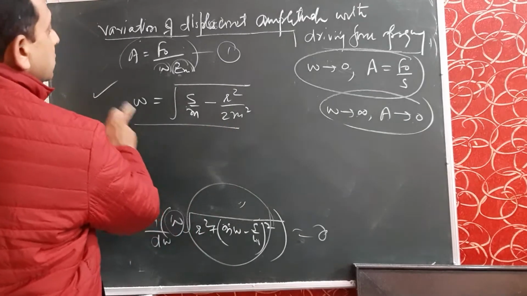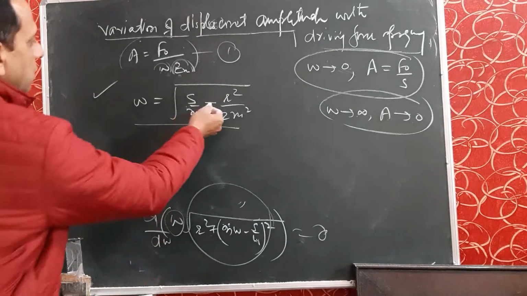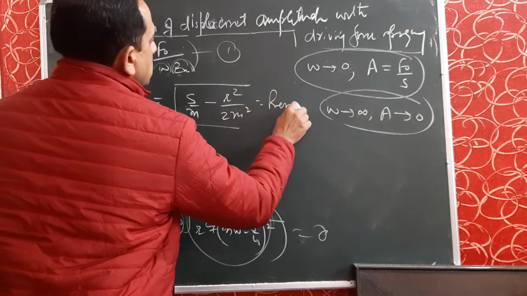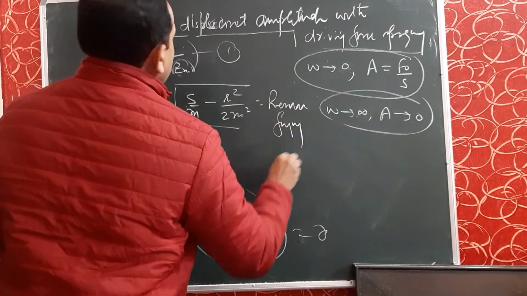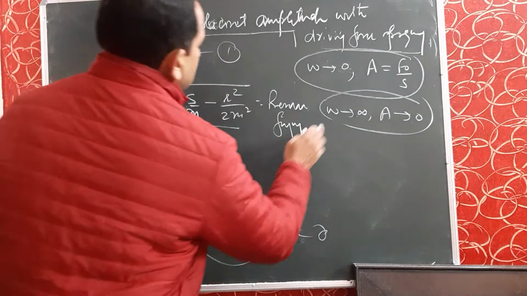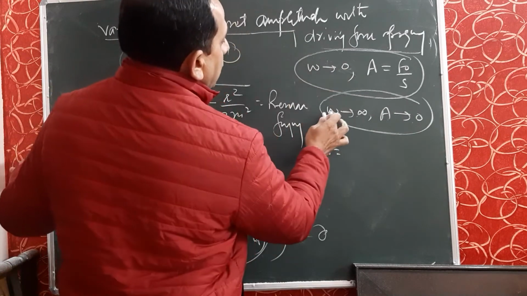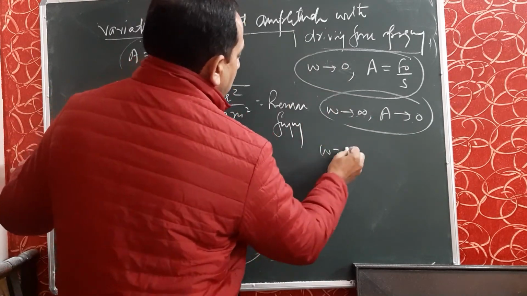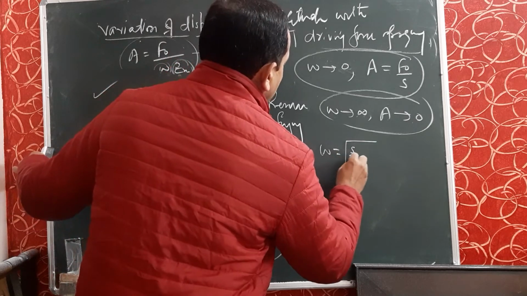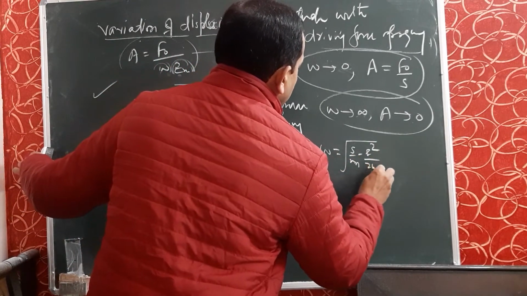This is the frequency at which the amplitude becomes maximum, so this is called the resonance frequency. That is, this omega is equal to this one. Here omega tends to 0, omega is infinity, and here omega is the square root of s by m minus r square by 2m square.